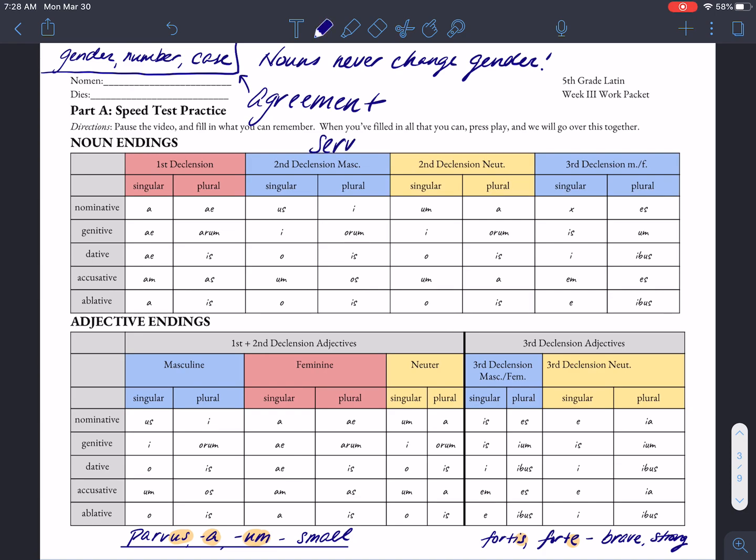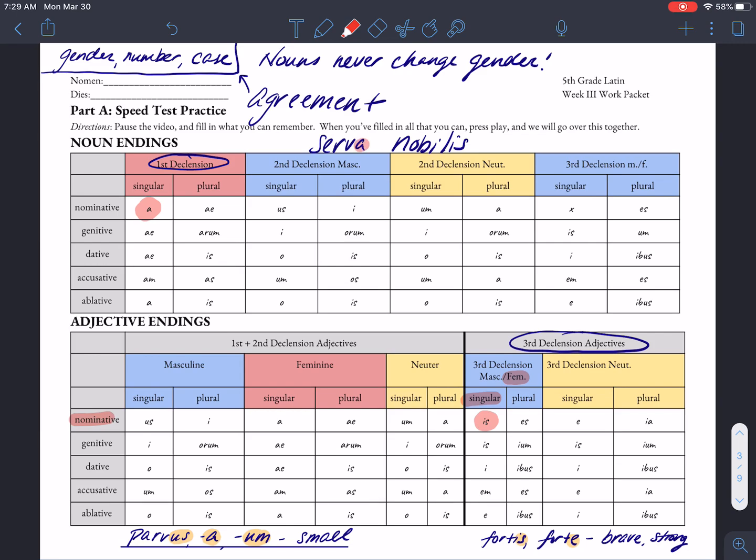Serva is a first declension noun. It's feminine, nominative and singular. Now, nobilis is a third declension adjective, so I need an ending that's going to be nominative, singular, and feminine. So that means we're going to be over here. Nominative, singular, and feminine, right? See how that works?